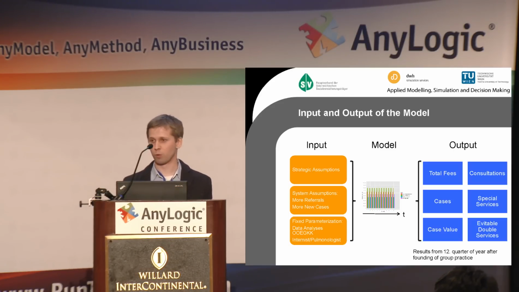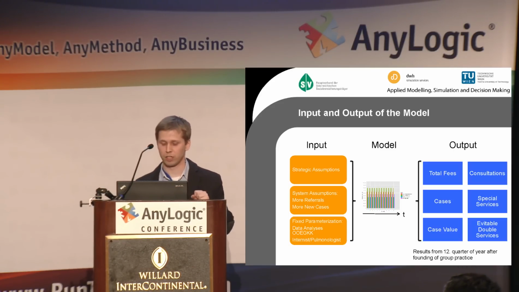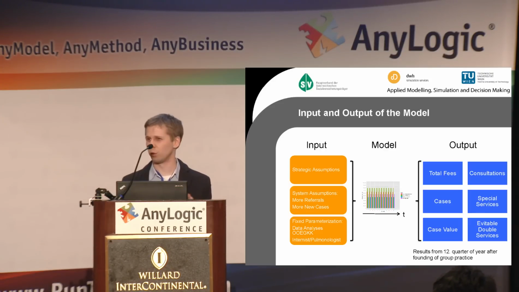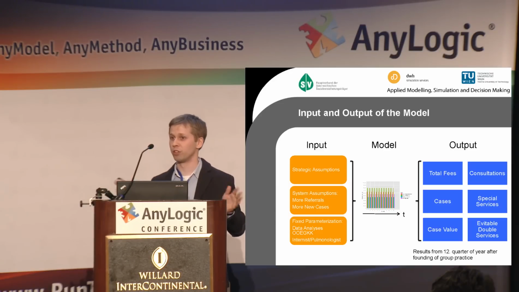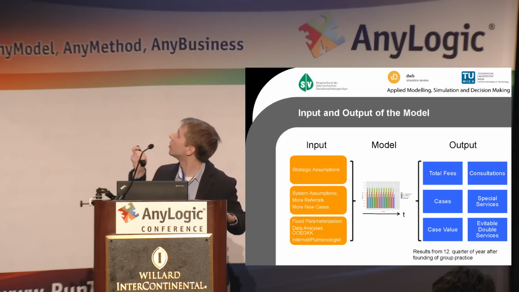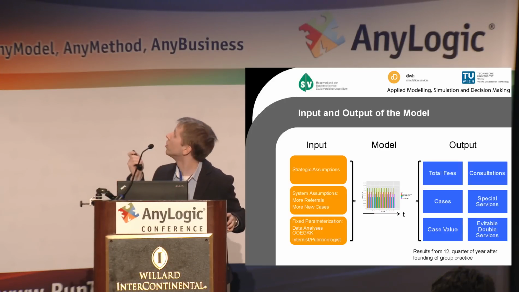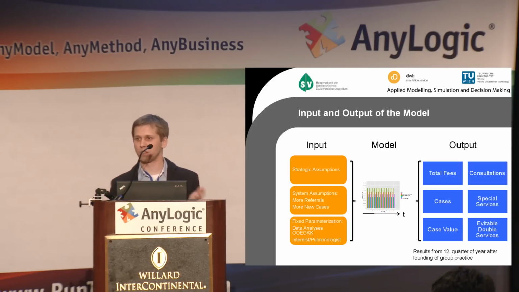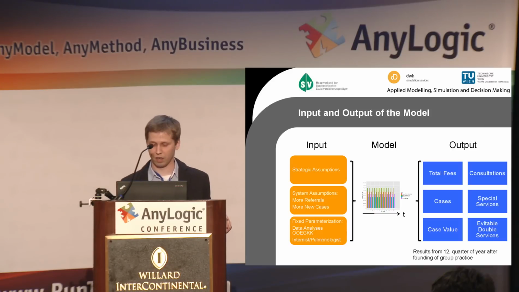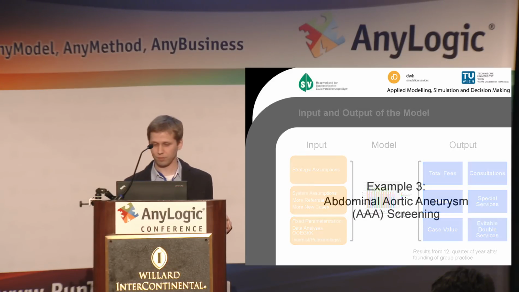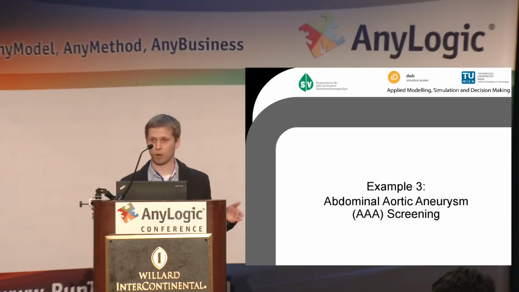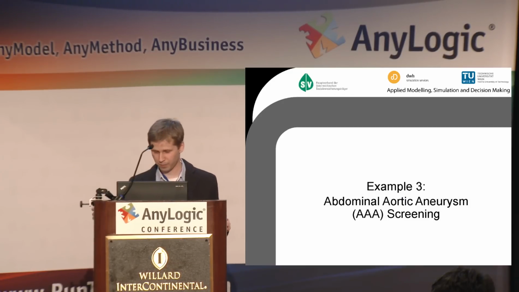We talk to them that there is a fixed parameterization that we wouldn't change, but there are also strategic assumptions, which would be how much they would reimburse in the group practice, which tariffs they would use, or system assumptions which they could change so that they would look at different scenarios. So the next example is presented by my colleague.